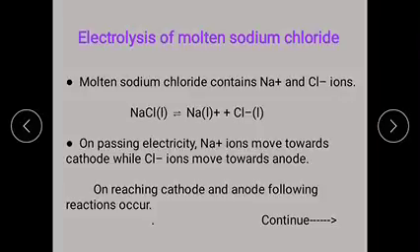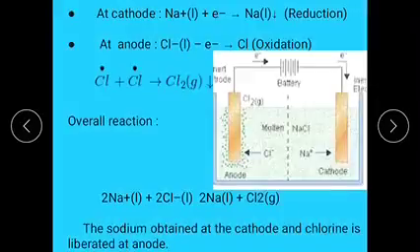Cl minus ions move towards the anode side, and Na plus ions move towards the cathode side. Sodium metal is formed at the cathode, and Cl2 gas is liberated at the anode, in the case of molten NaCl.